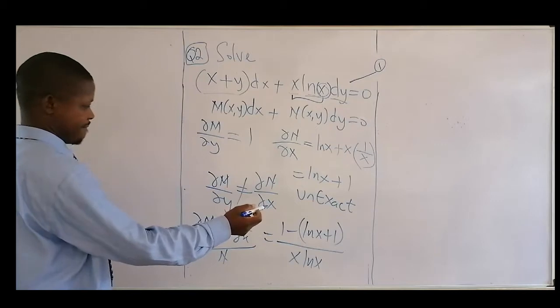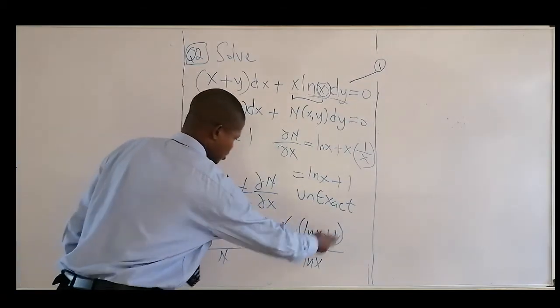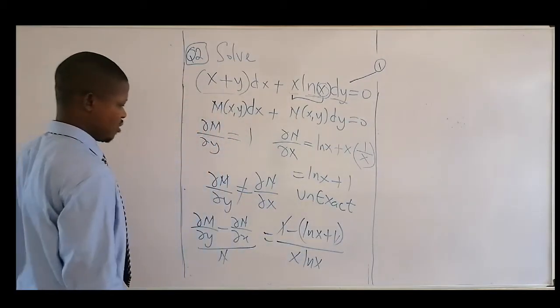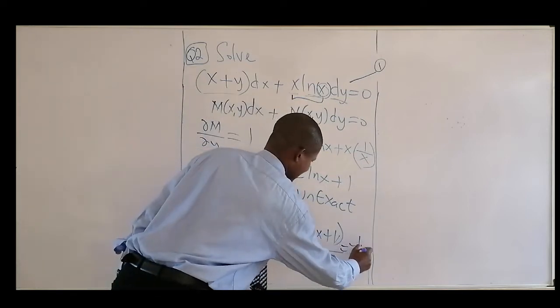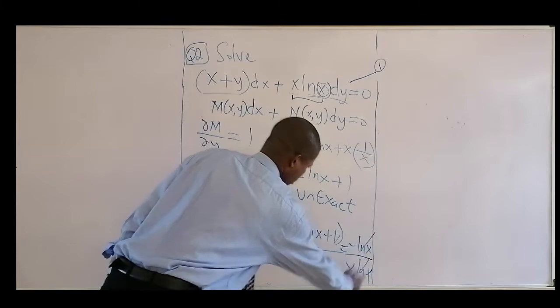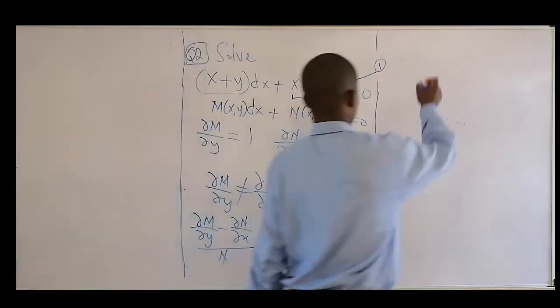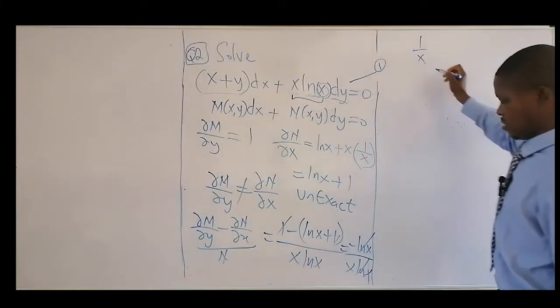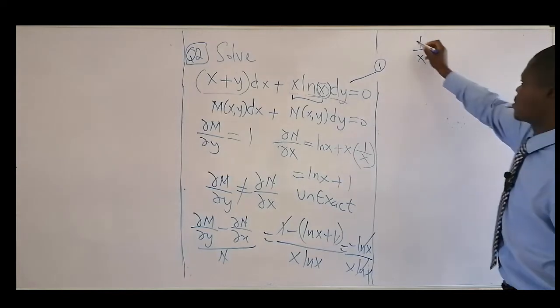If you open the bracket there, this 1 and this 1 will go. Then we have minus ln x over x ln x. So that will go, and that will give us minus 1 over x.